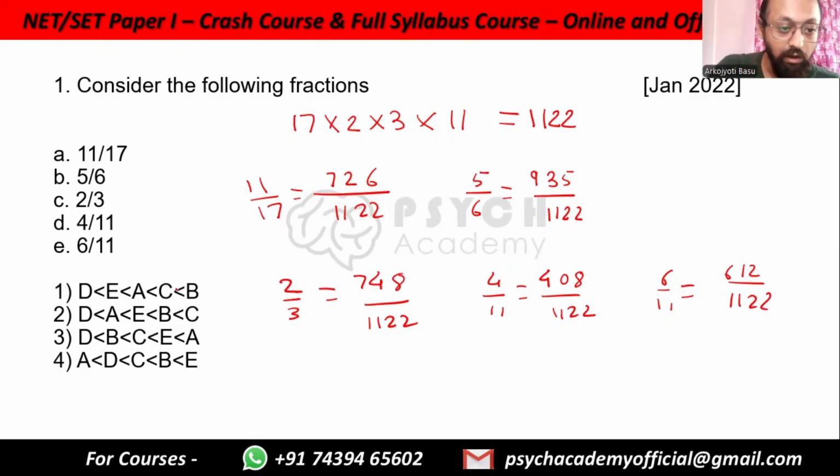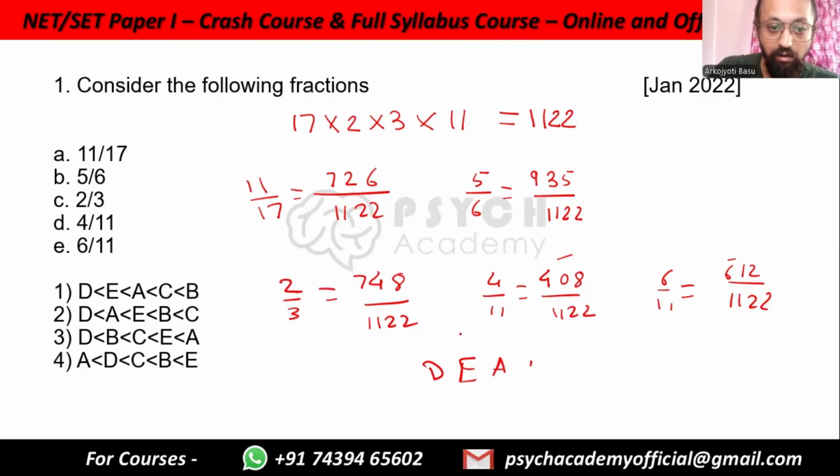Now this order is the increasing order. This is the less than sign. Okay, let's find out the smallest number. This is smallest, so D. After 408 we have this, so E. After that we have this one, A. 726, 748.